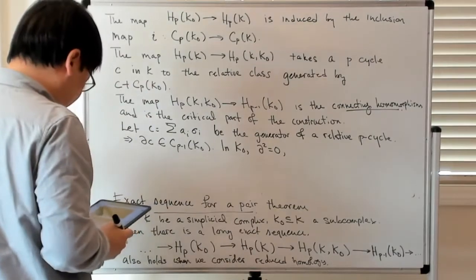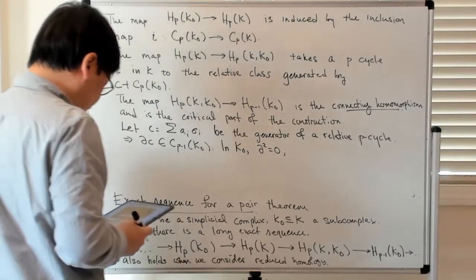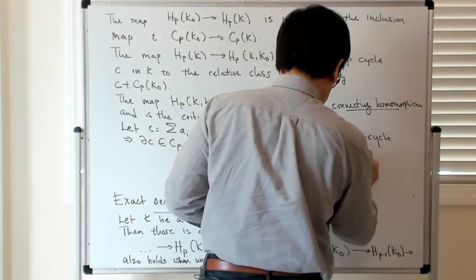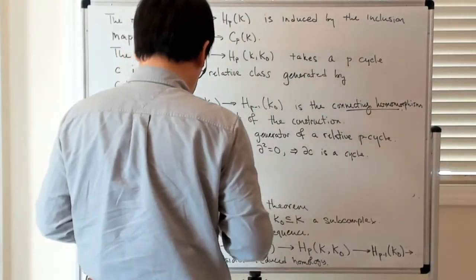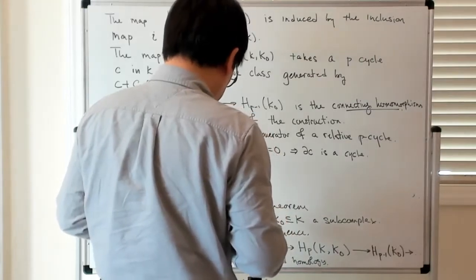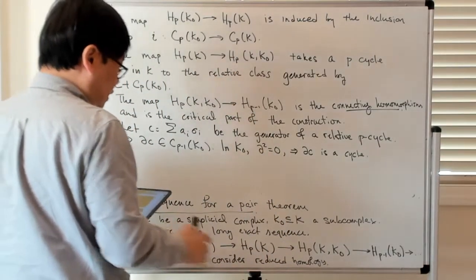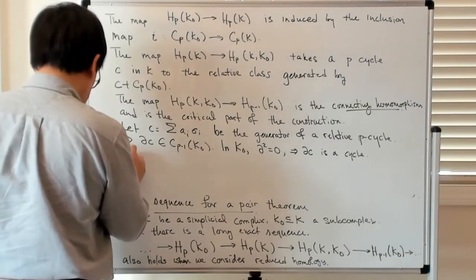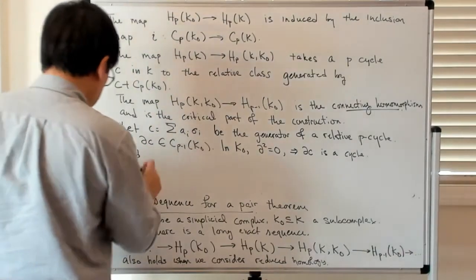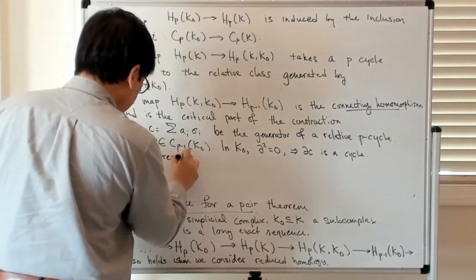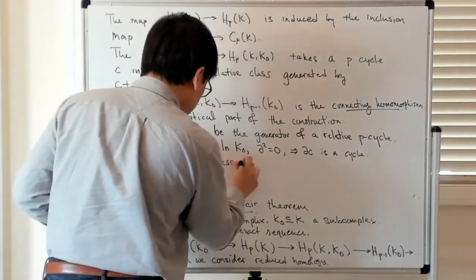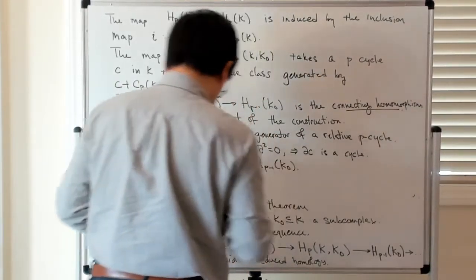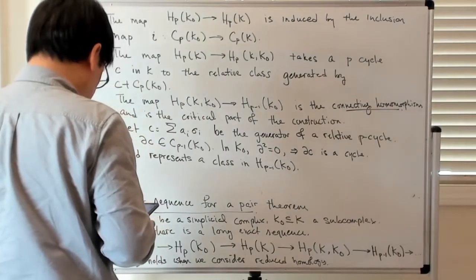This implies that this boundary of c is also a cycle, and as a consequence of that, it represents a class in the lower homology group, so in H_{p-1}(K0).